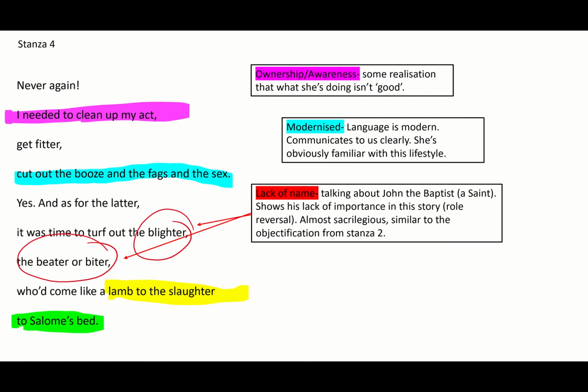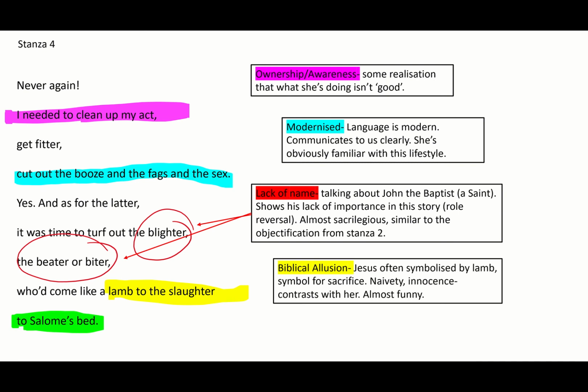Which is similar to the objectification from stanza 2. She objectified him in stanza 2 and is now, she doesn't even know his name and is kind of insulting him almost. So because she doesn't use his name, it very much shows this role reversal from the original story. This is her story. Doesn't matter who he is, which is unusual for a biblical story.